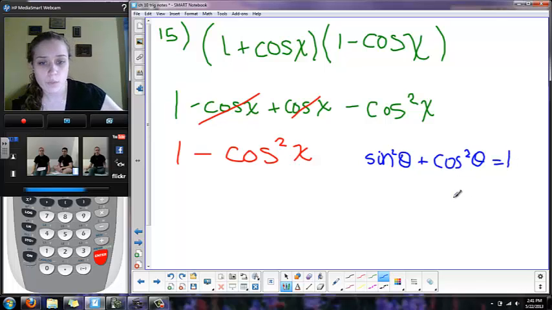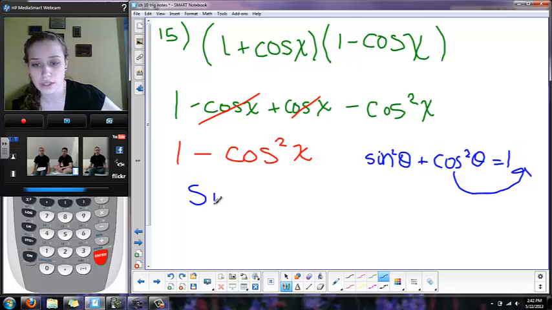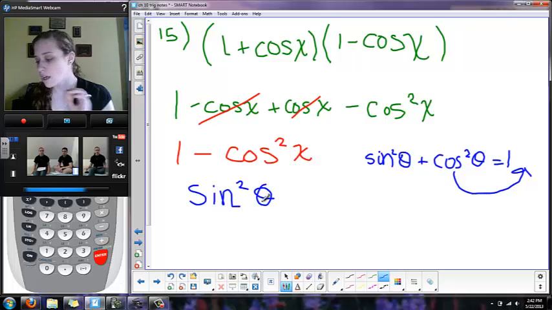So if I have a 1 minus cosine squared x, or theta, or whatever, that means I subtracted this cosine over to the other side, and 1 minus cosine squared theta is equal to sine squared theta. So this whole thing is equal to sine squared theta. Okay? Or x, whatever. And that was multiple choice.